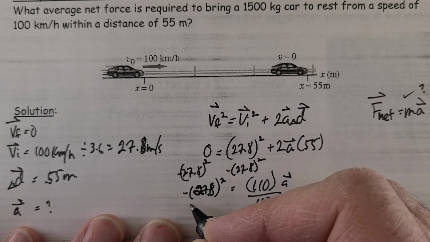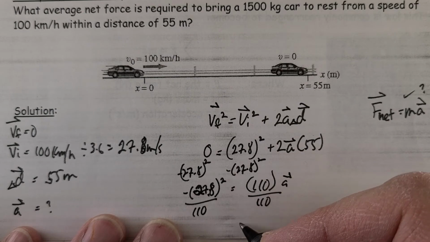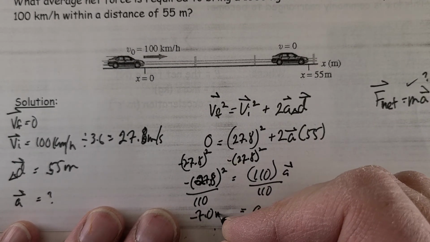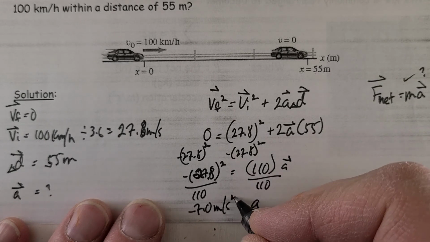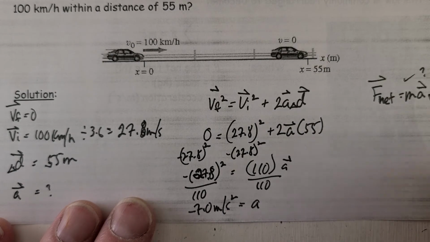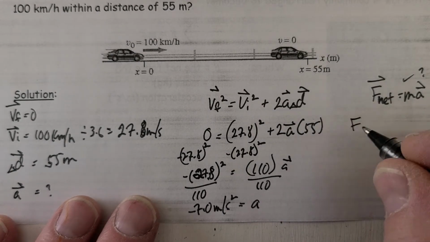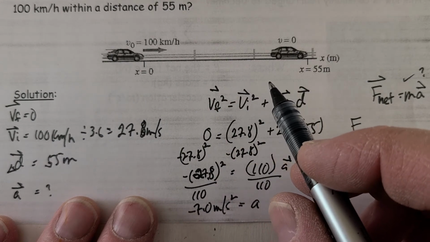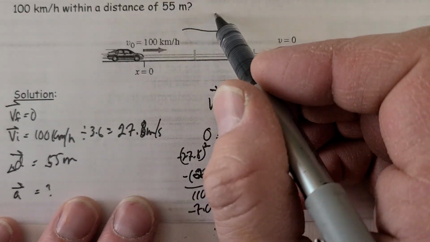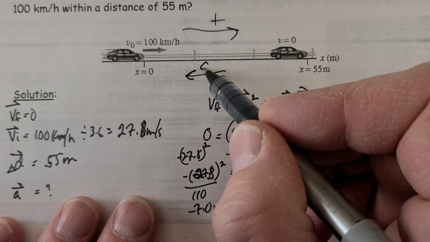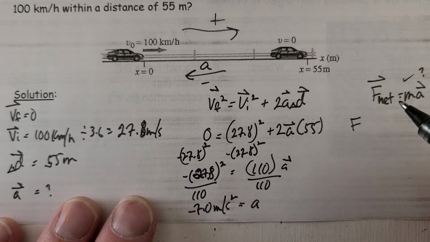So divide by 110, and I think A works out to be negative 7.0 meters per second squared. Okay, so just rearranging this equation to solve for A, that's what we get. And it makes sense that it's negative, right? Because we're slowing down in the direction of motion. So if this is the positive direction, to be slowing down in that direction, our A must be negative, working against the movement.